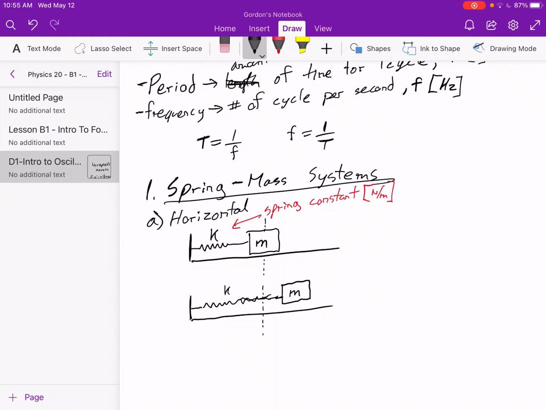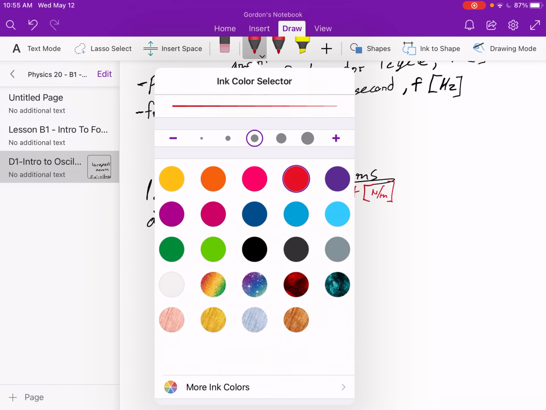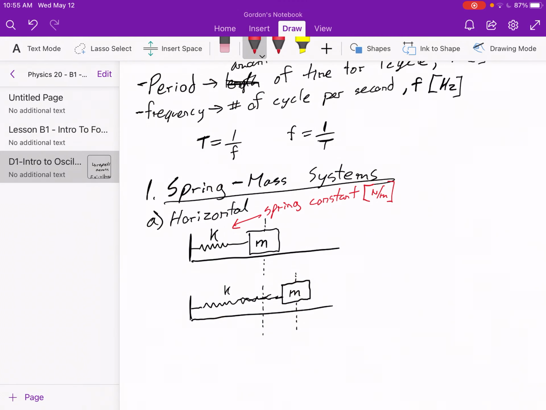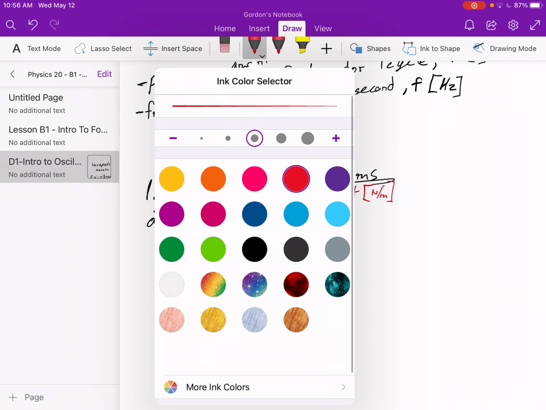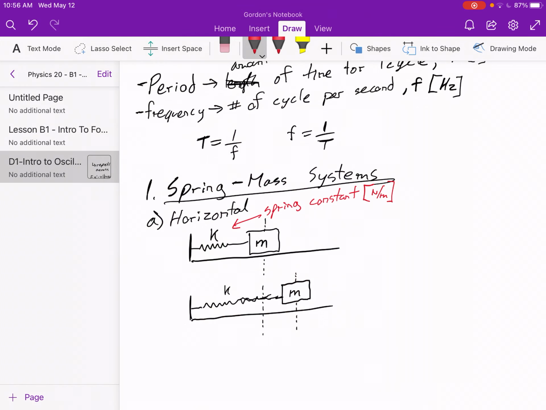Well, what's going to happen to this mass? Naturally, the object is going to want to return to its equilibrium point. And what's going to cause it to return is a force. So there's going to be a force here causing this spring to return.